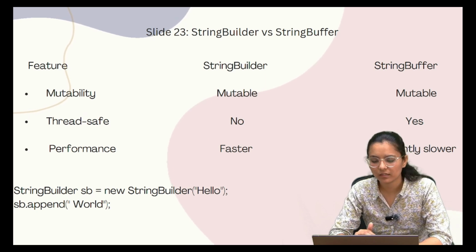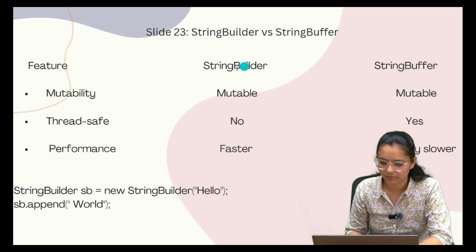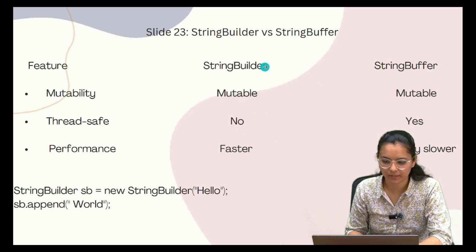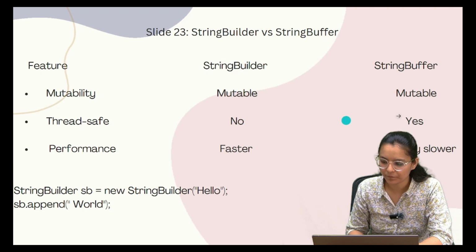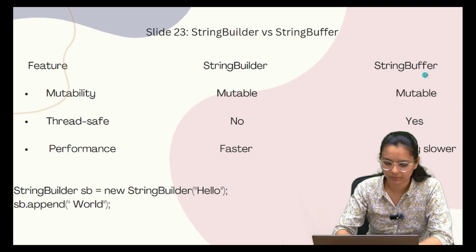Use StringBuilder when you are working in a single thread and need better performance. Otherwise, use StringBuffer when your program is multi-threaded and you need the safety.